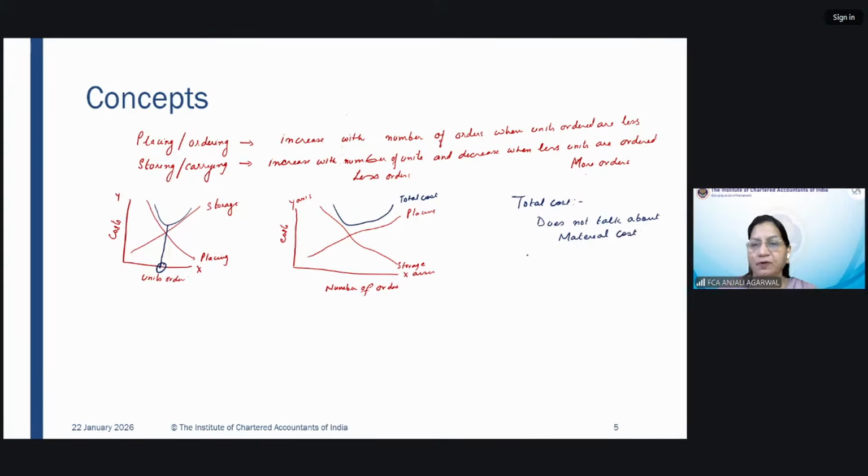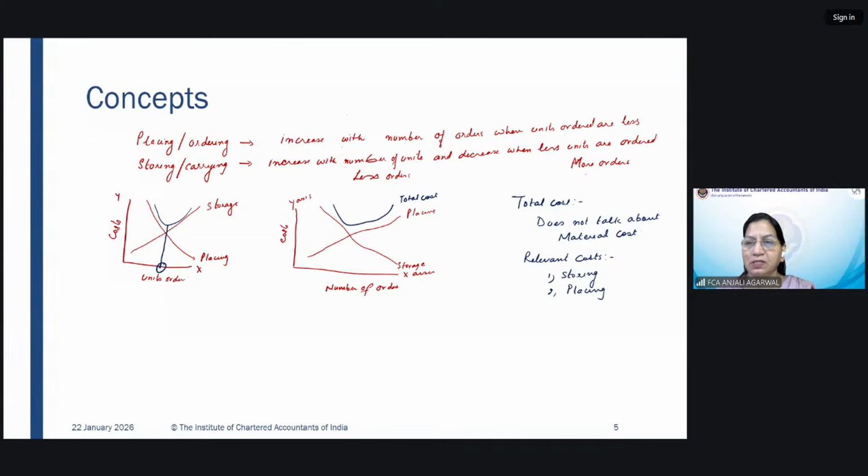It talks only about the relevant costs, and the relevant costs are storing costs and placing cost. These two costs are relevant to us, so it is talking only about storage and placing cost.